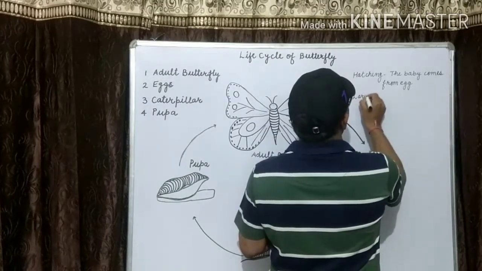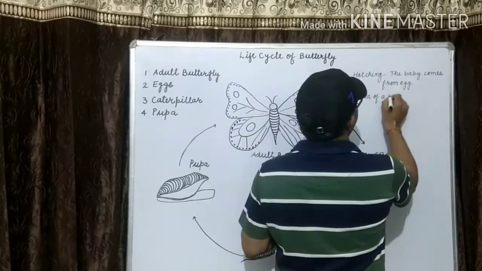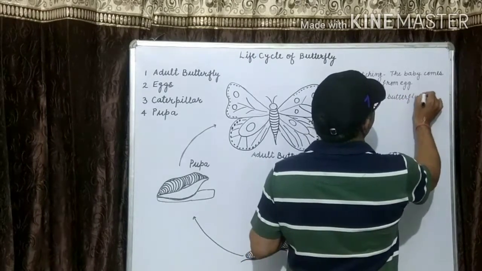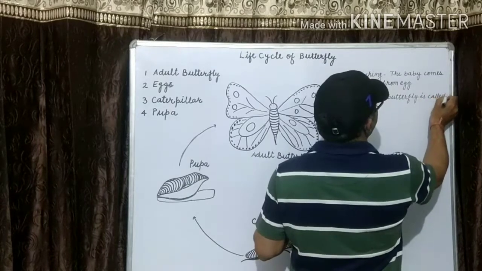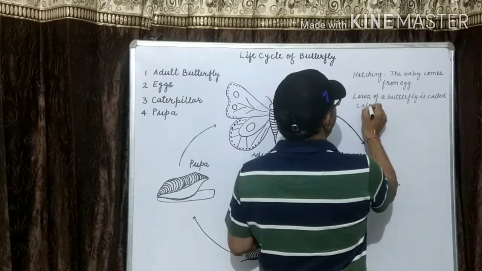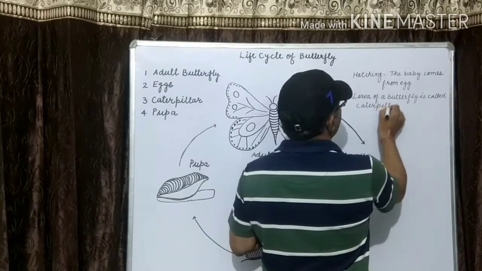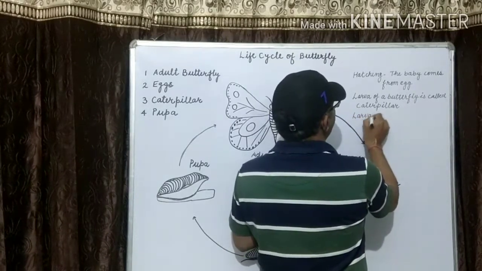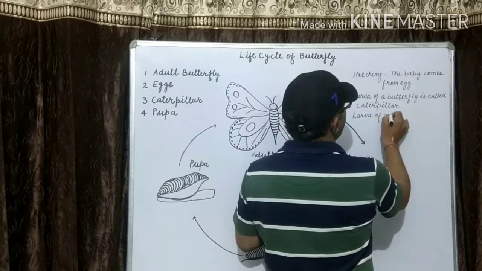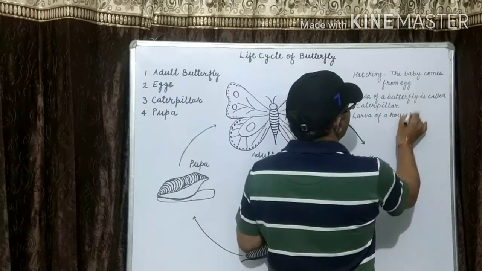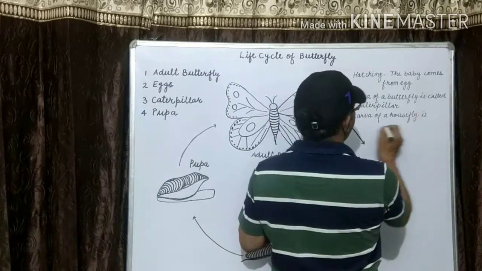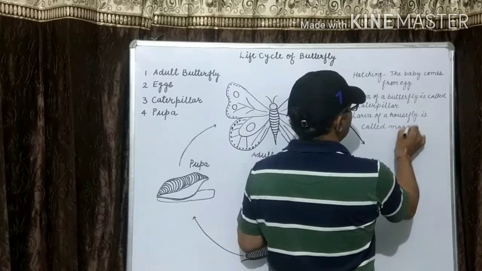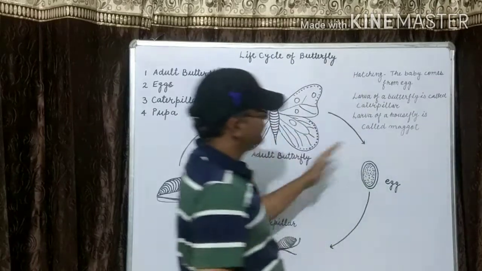Larva of a butterfly is called caterpillar, and larva of a housefly is called maggot. Clear these three terms?